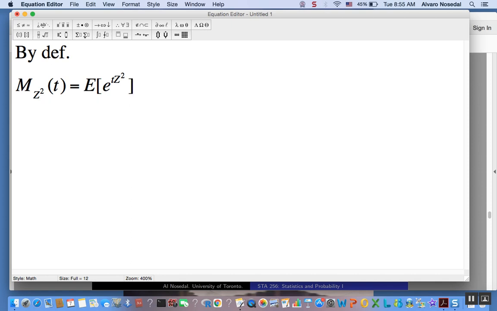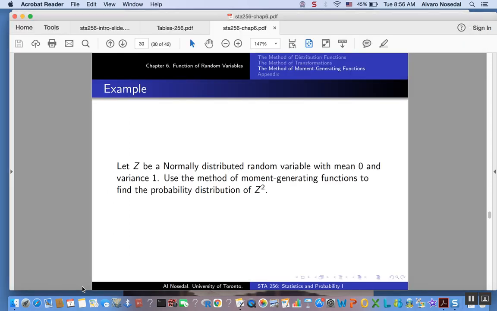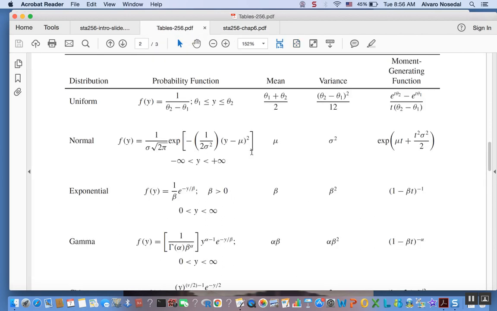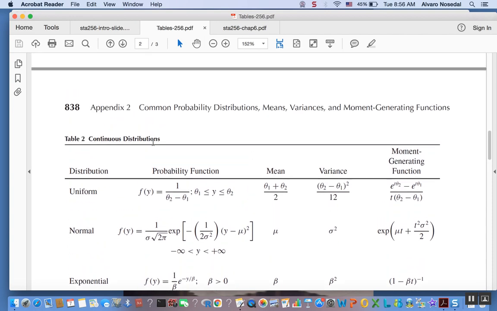Now, we know that the expected value of a function of a continuous random variable is just the integral from negative infinity to infinity of that function times the PDF. So now let me remind you that we're dealing with a normal 0, 1. If you haven't memorized the PDF of normal 0, 1, you can refer to page 838 from our textbook.